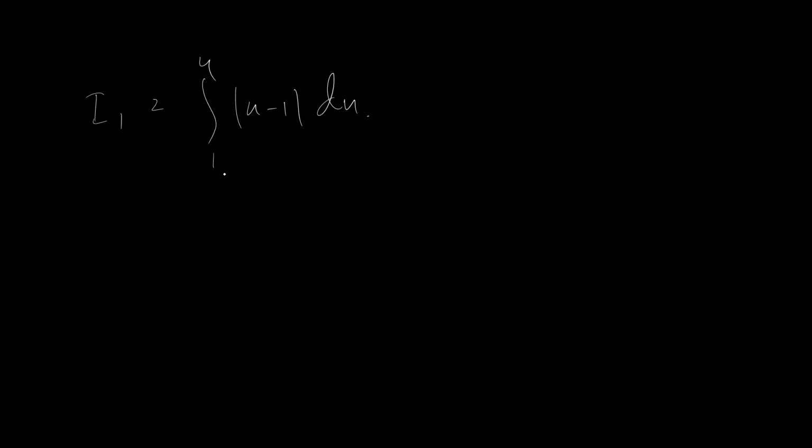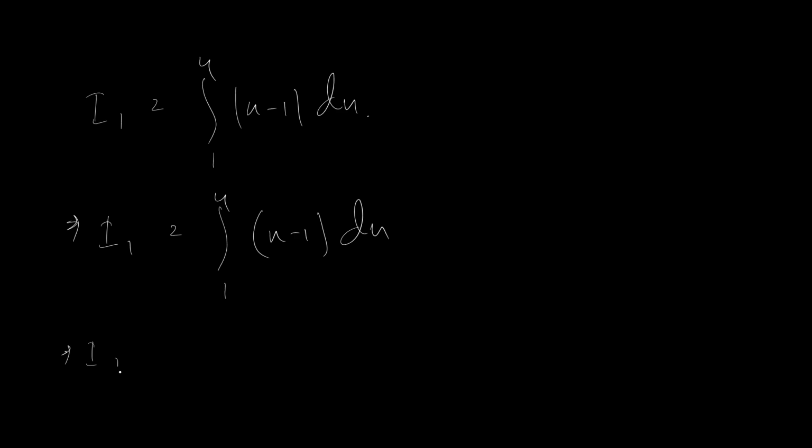For this limit from 1 to 4, the value of x minus 1 is always positive, so I will not take the negative value, only the positive value. Since I only take the positive value here, there is no need to give modulus. I can write the bracket x minus 1 dx.